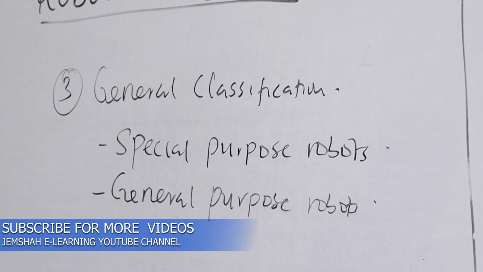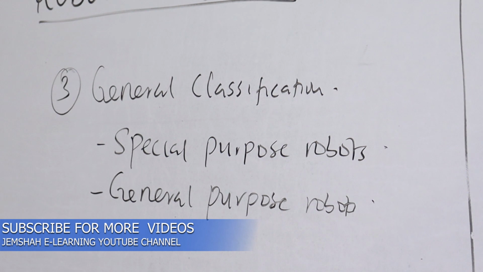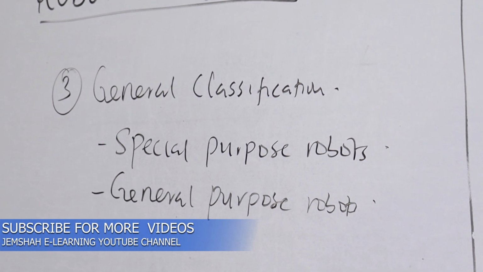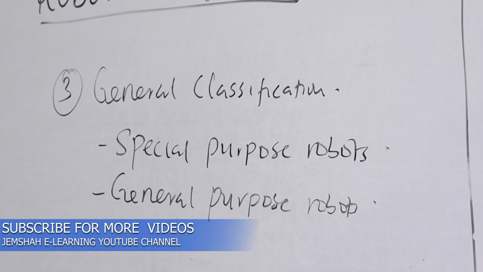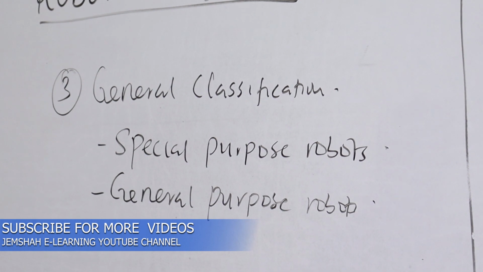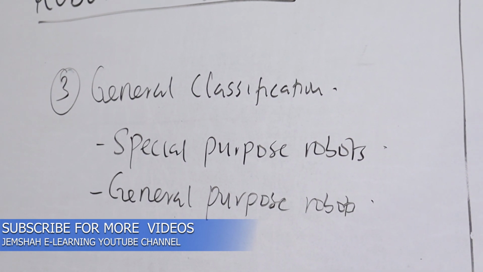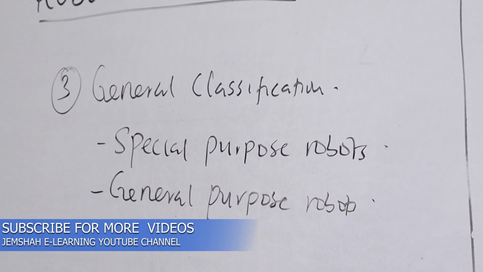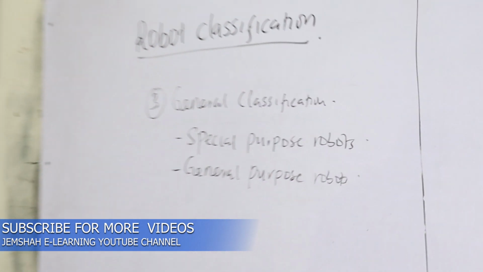When you talk of special purpose robots, these are robots that are designed and produced for a limited range of specific jobs, like welding, painting, casting, assembling, or even material handling.